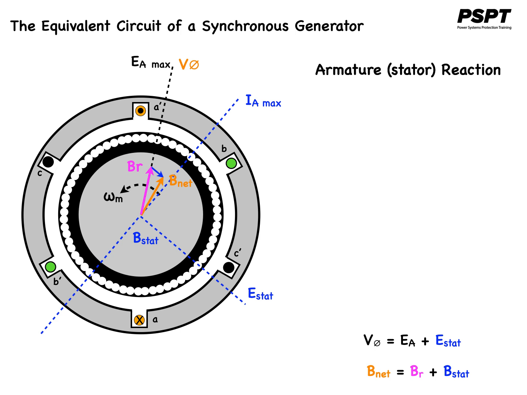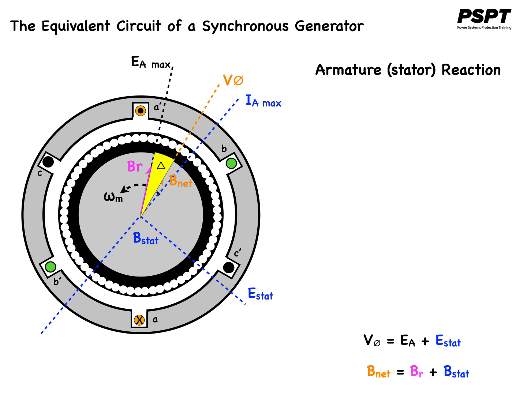Since the angles of EA and BR are the same as the angles of E stat and B stat, the resulting magnetic field B net will coincide with the voltage V subscript phi. This resulting voltage and currents are shown on the diagram. The angle between BR and B net is known as the internal angle or torque angle, delta.